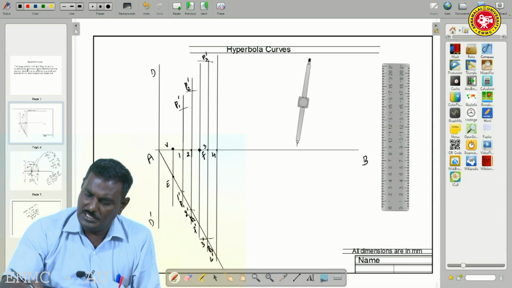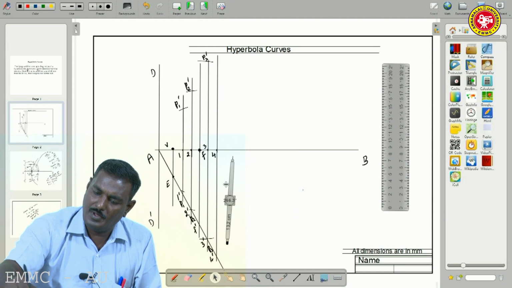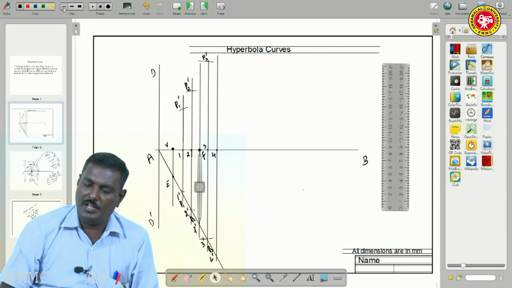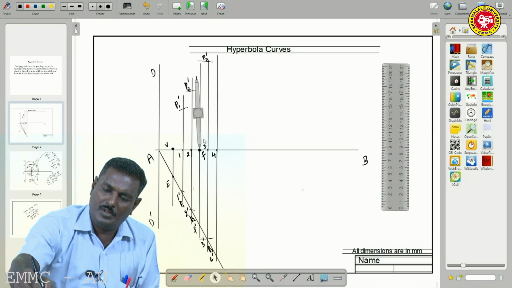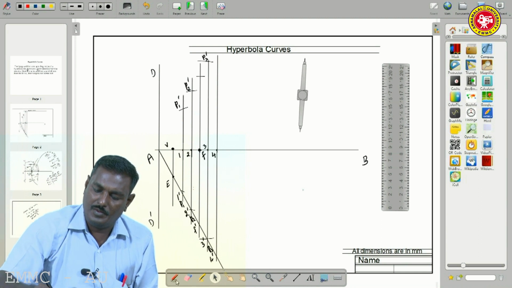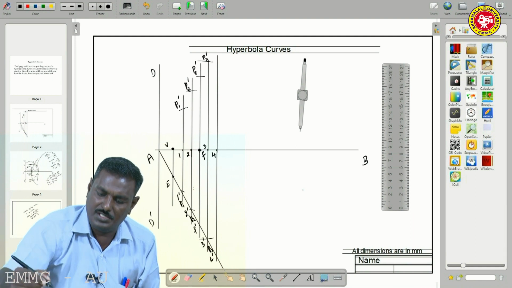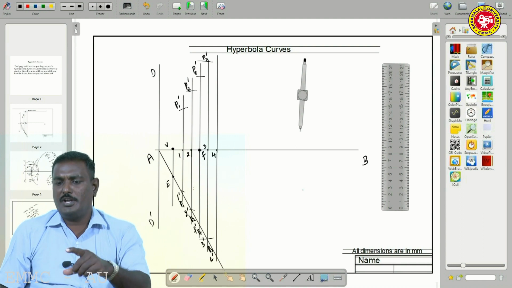So we have to measure that also. Measure F dash as radius, and again intersect the above line. Mark it P suffix F dash, PF.